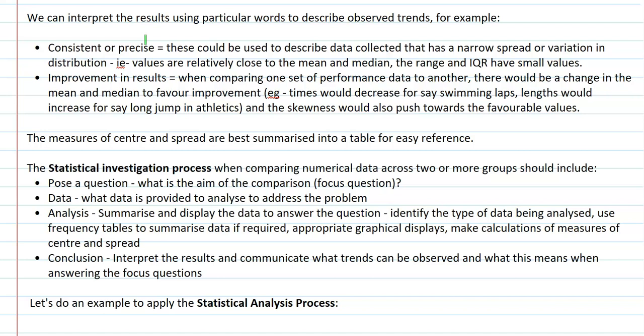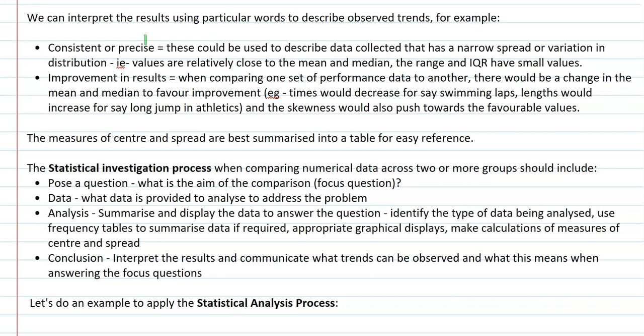Another example, if you're talking about improvement in results, if you're comparing two sets of data, you'd see that your mean and median before compared to your mean and median after would get better to favour improvement. So for example, if times decreased in swimming laps, you're improving.